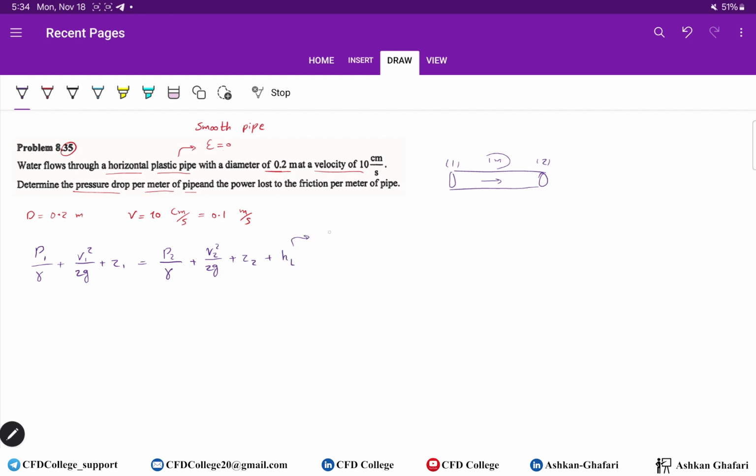You know that HL equals f times length over diameter times velocity squared over 2g.